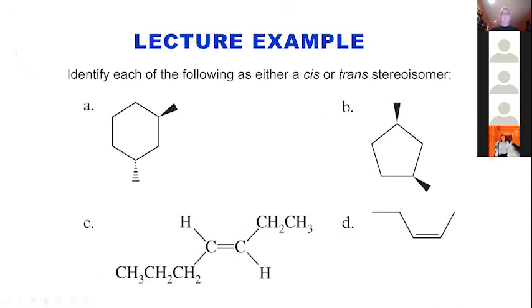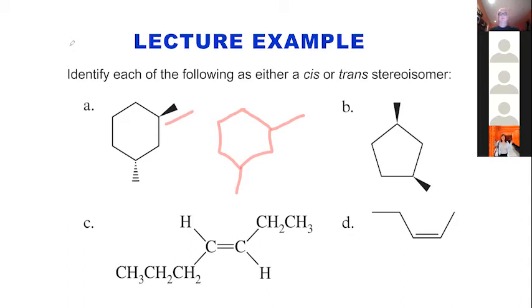So let's look at some examples. Remember, when we're dealing with skeletal structures, this just refers to a methyl group, and so does this. If I was to draw it, this would just look like that.